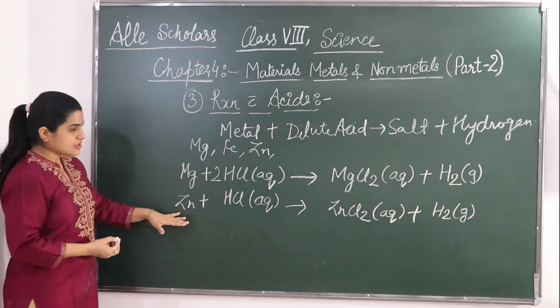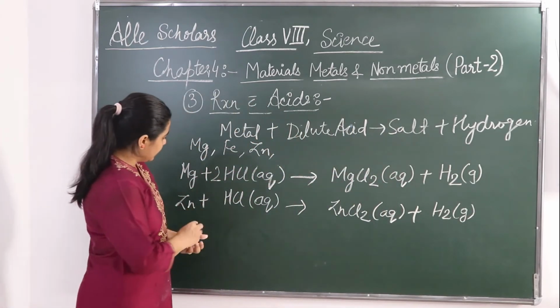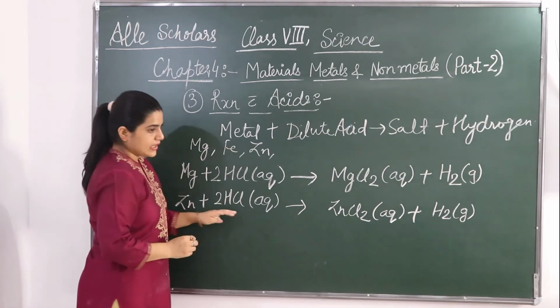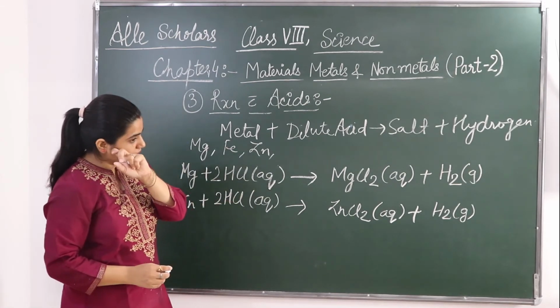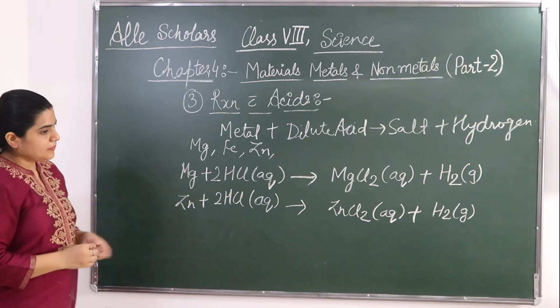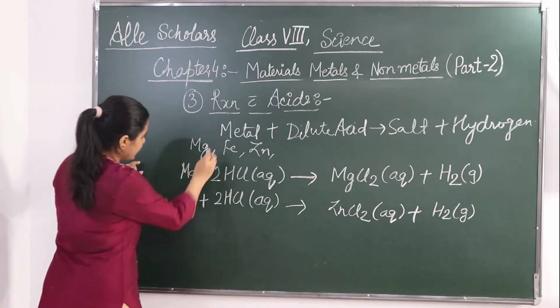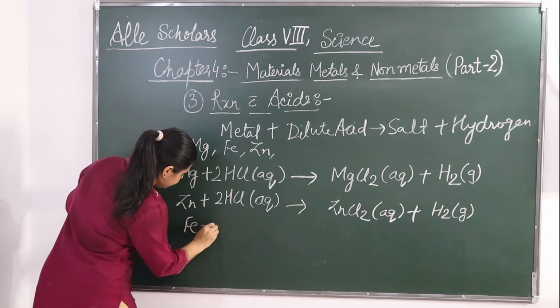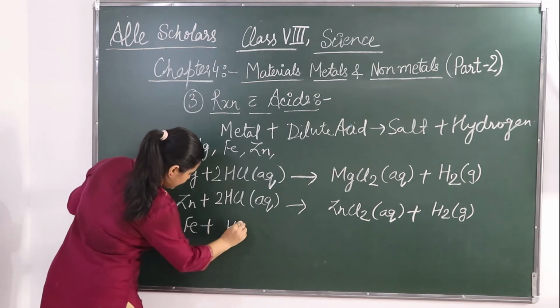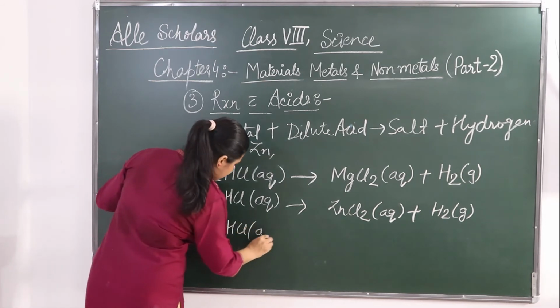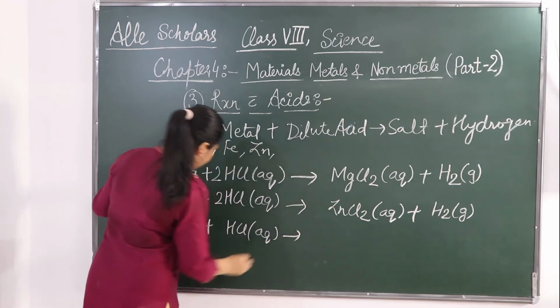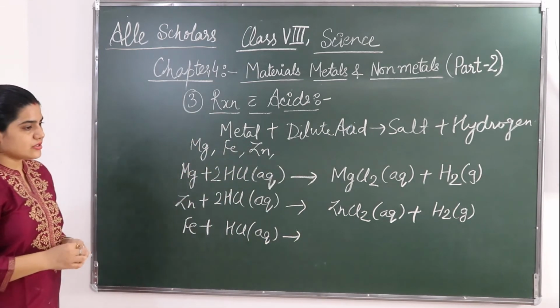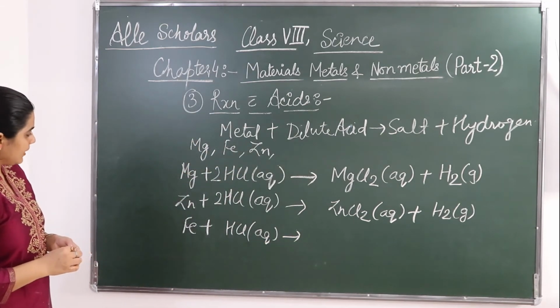Fine. So zinc and hydrochloric acid give zinc chloride, plus hydrogen gas is released. If you take iron, Fe plus hydrochloric acid, again iron is going to give iron chloride.